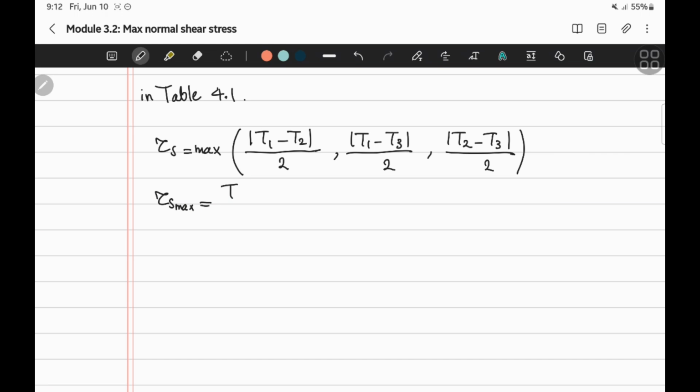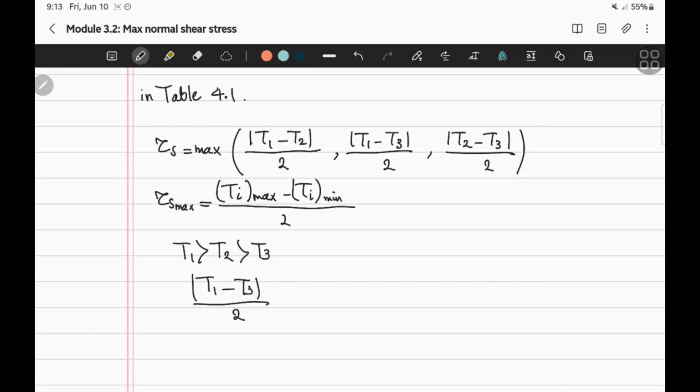So if we have t1, t2, t3, we don't know which one is which, but we know that the maximum minus the minimum divided by 2 will give us the maximum shear stress. So if we have, for example, t1, then t2, and then t3, this is going to be t1 minus t3 divided by 2.